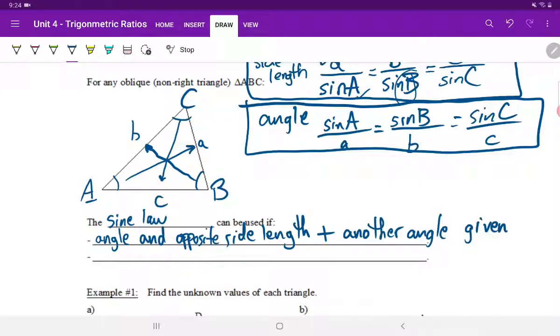So if you have an angle and an opposite side, so let's say you have angle A and you have an opposite side length given, plus you have another angle somewhere given, you can use the sine law. Okay, also, if you have, again, an angle and opposite side length, except instead of having another angle, you instead have another side length.